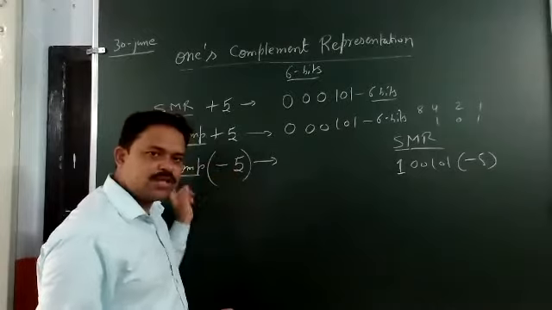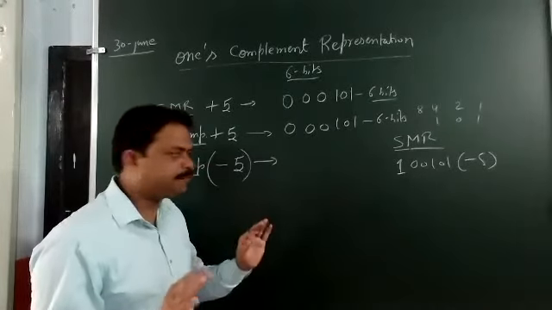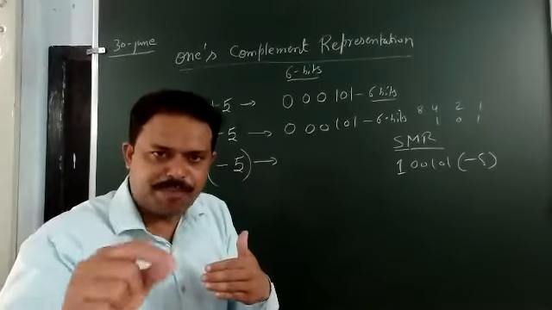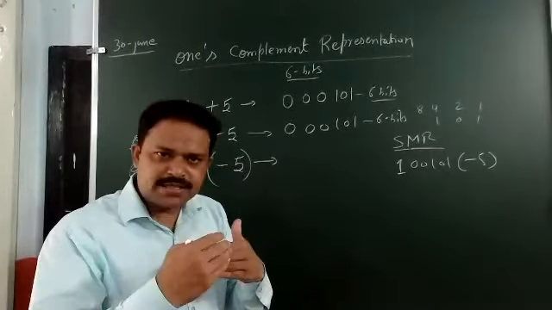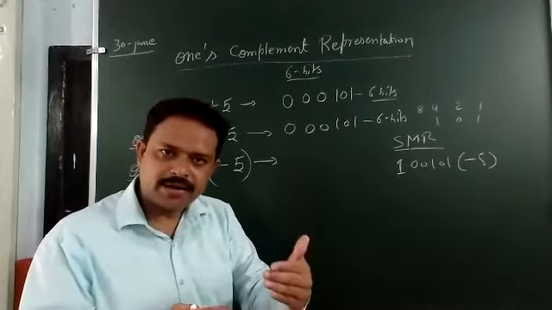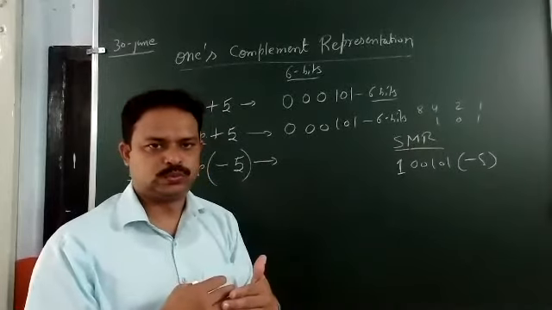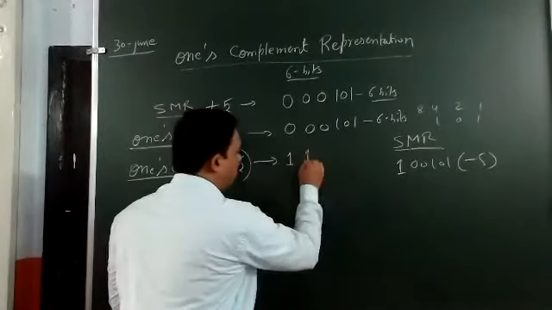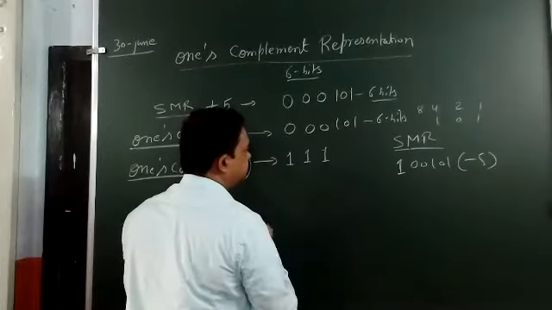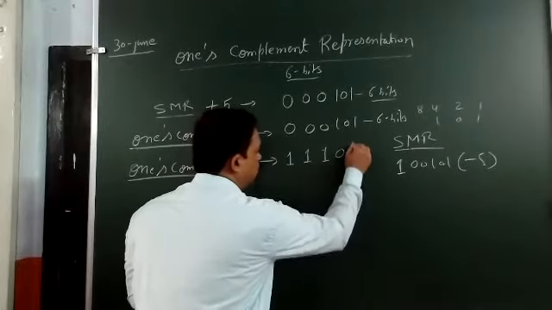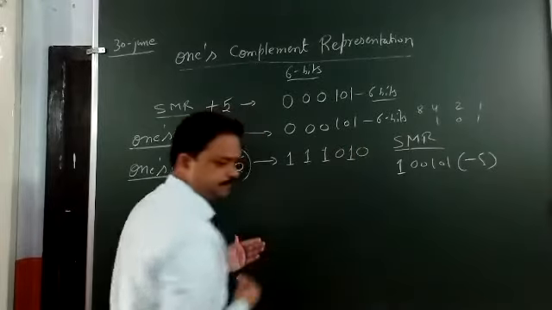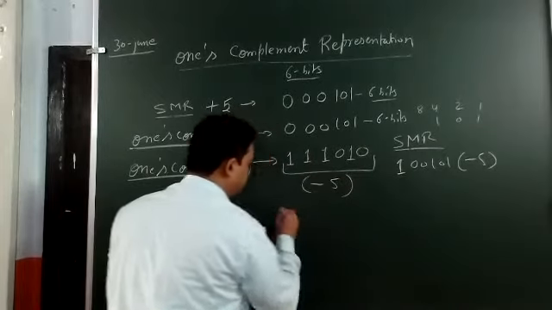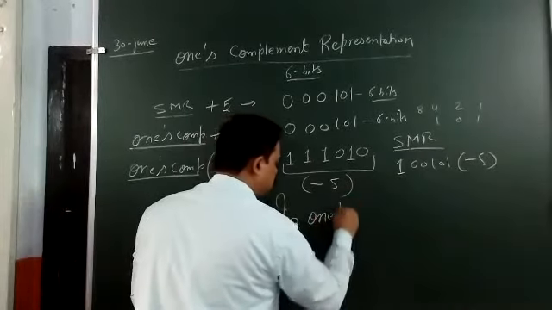Now -5 in one's complement is very simple: just replace 0 with 1 and 1 with 0. Note this down in your copy also. What will the answer be? 1, 1, 1, 0, 1, 0. This is nothing but -5 in one's complement.